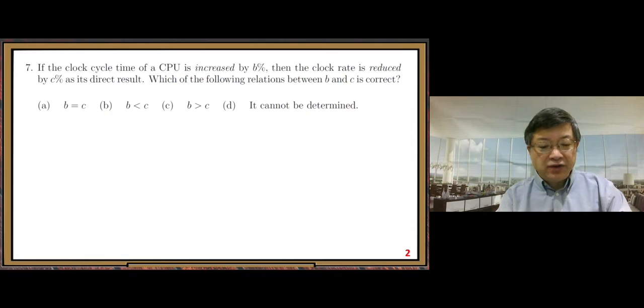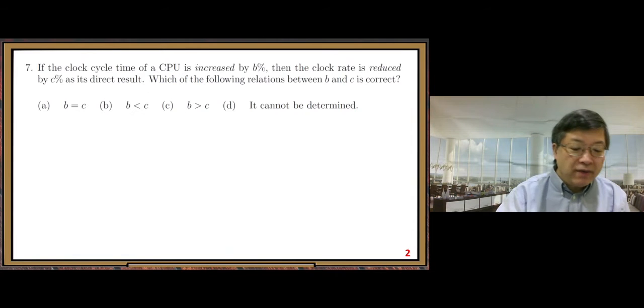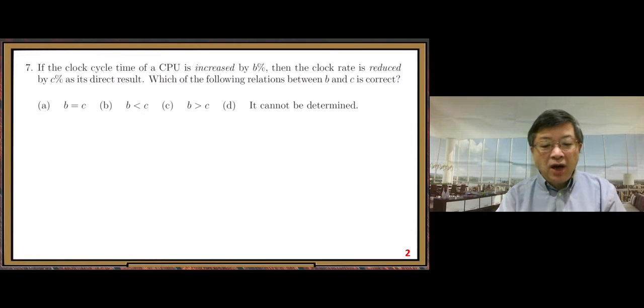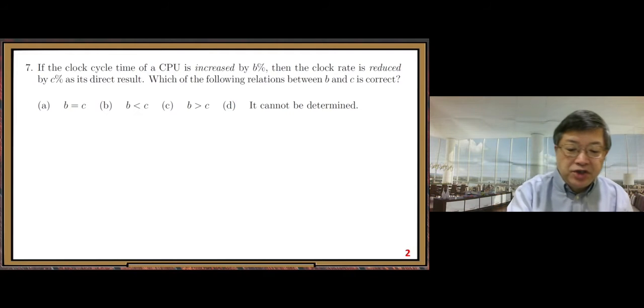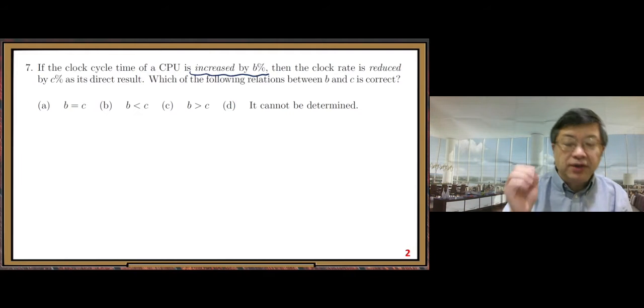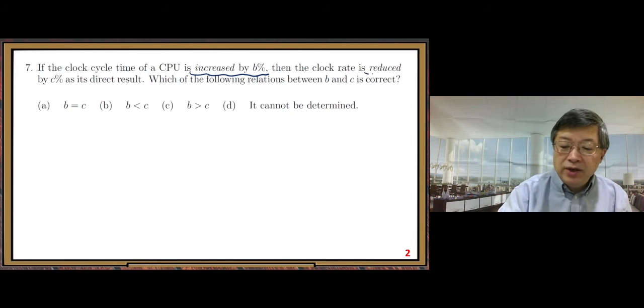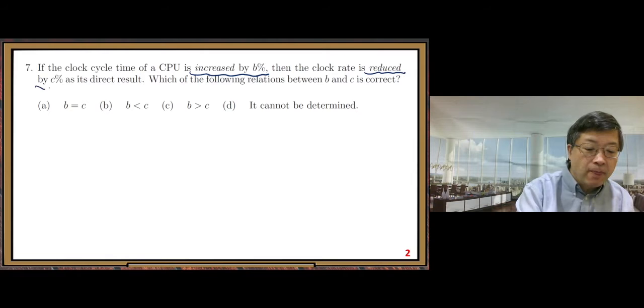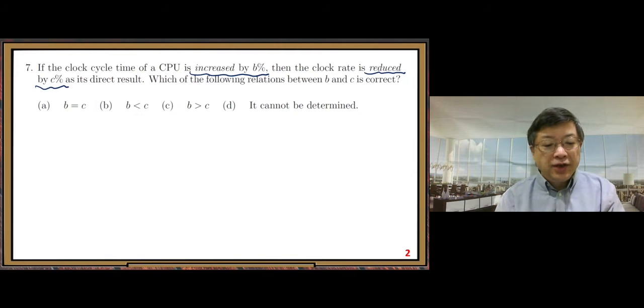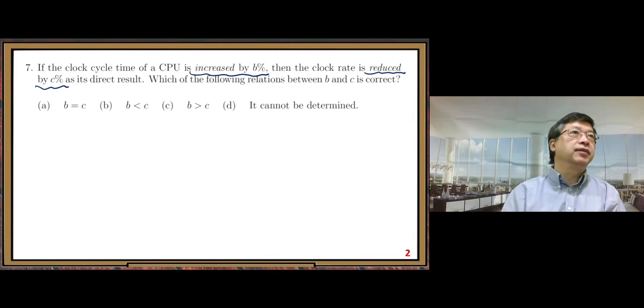Next question, number 7. If the clock cycle time of a CPU increased by B%, then the clock rate is reduced by C% as its direct result. Which of the following relations between B and C is correct?